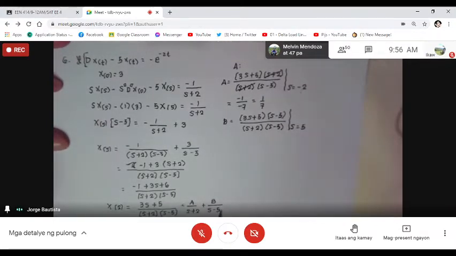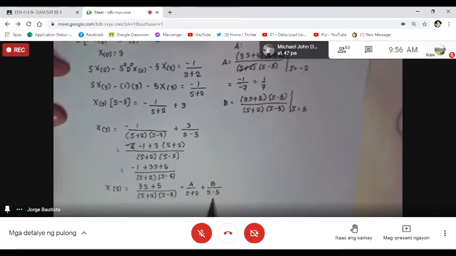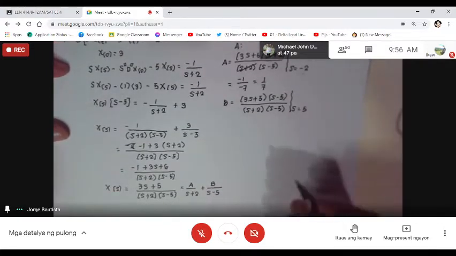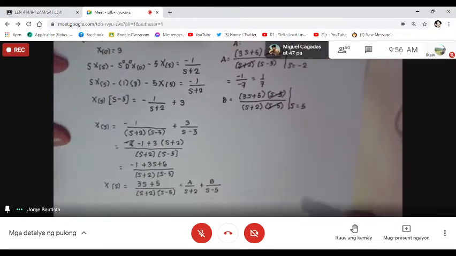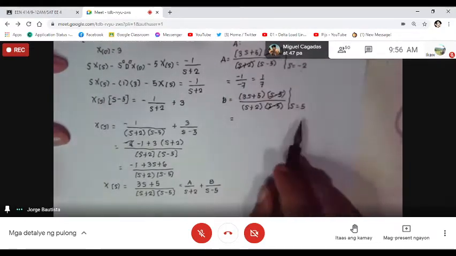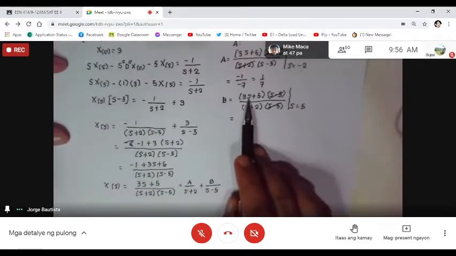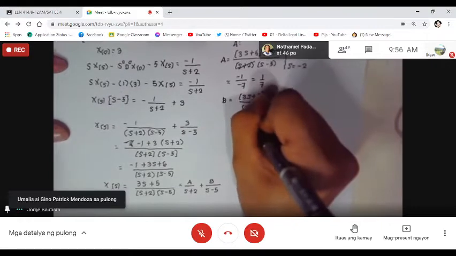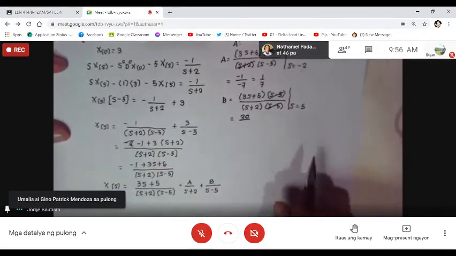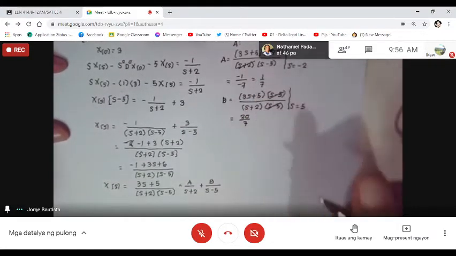Ito yung root nito. Okay, so s minus 5, s minus 5, cancel. Substitute 5: 3 times 5, 15 plus 5, 20, over 7.